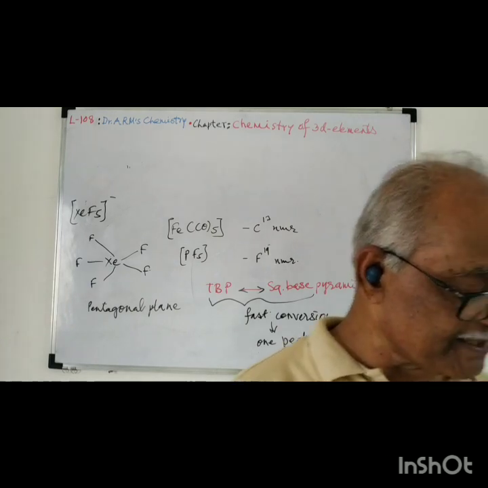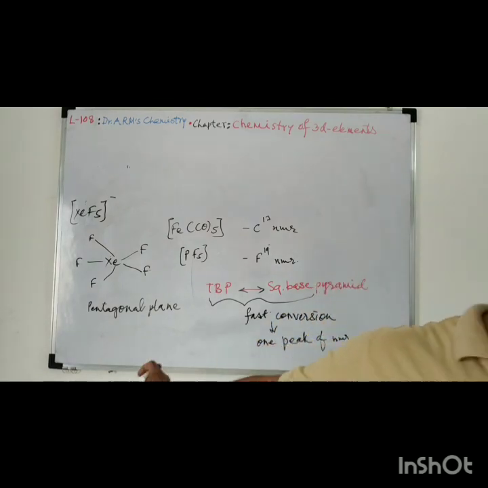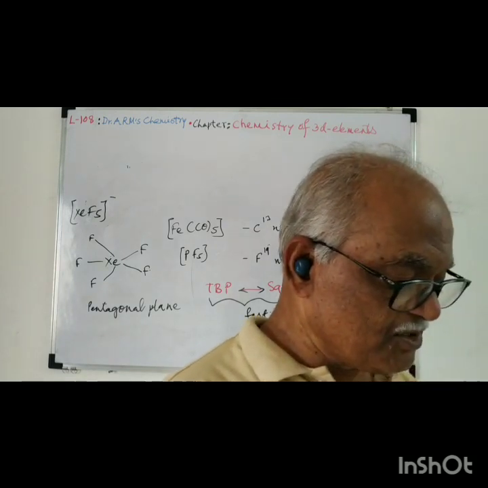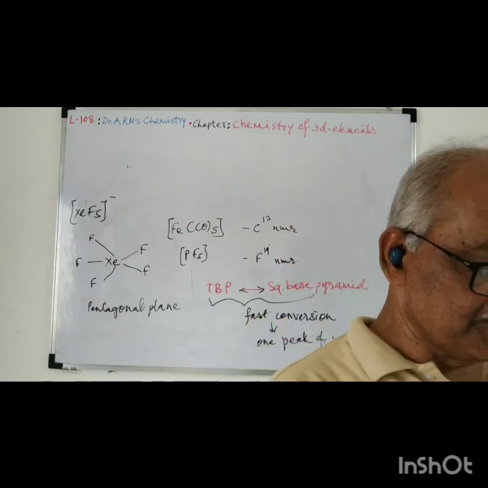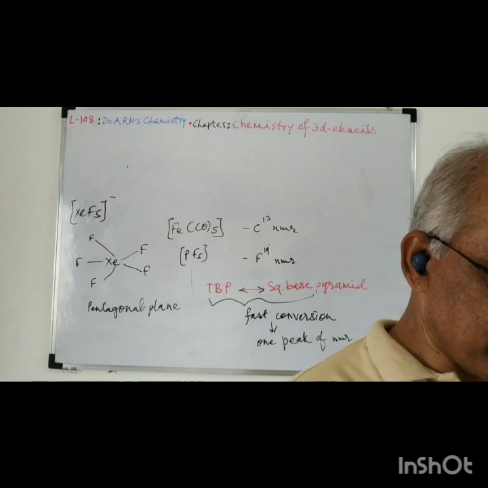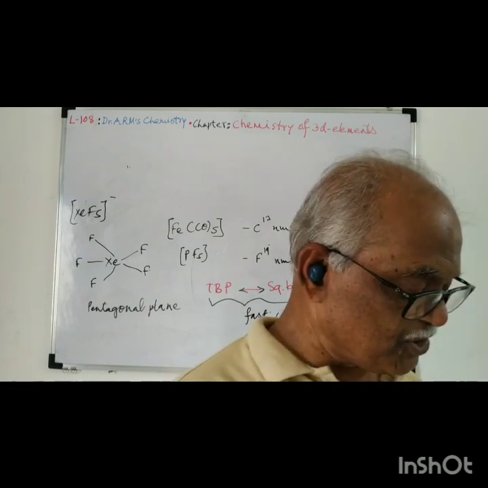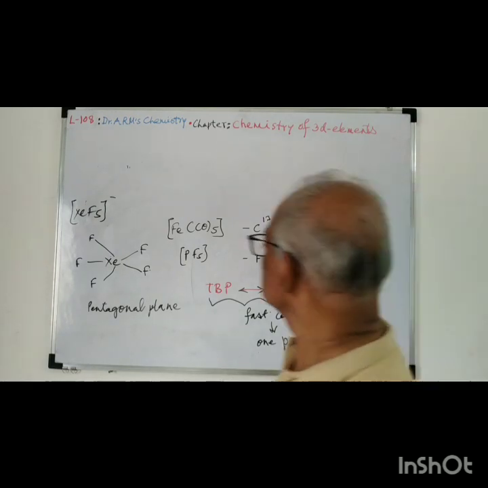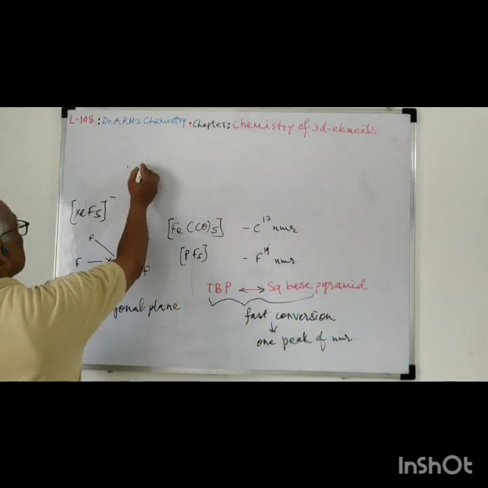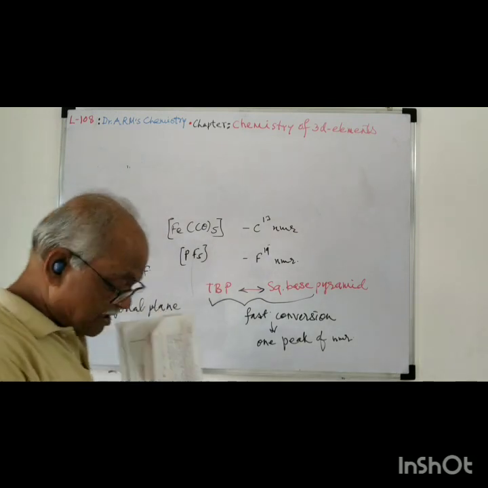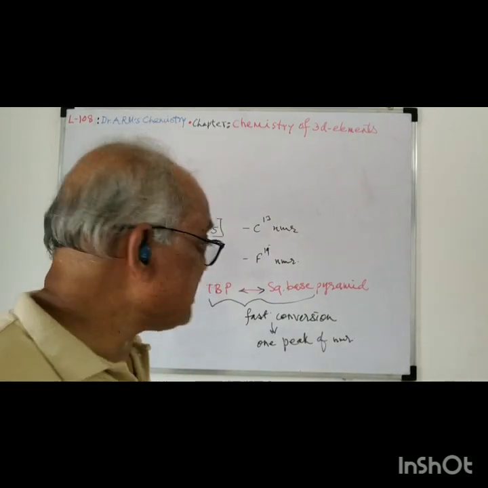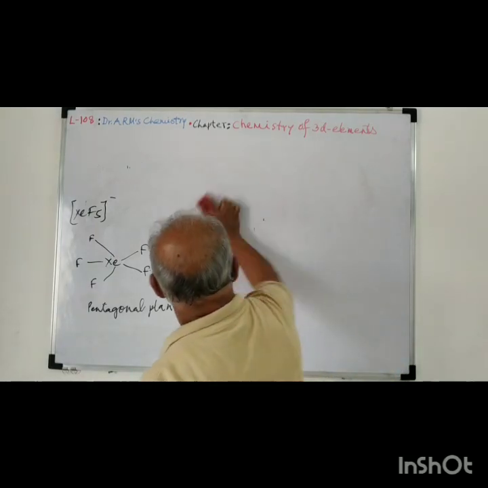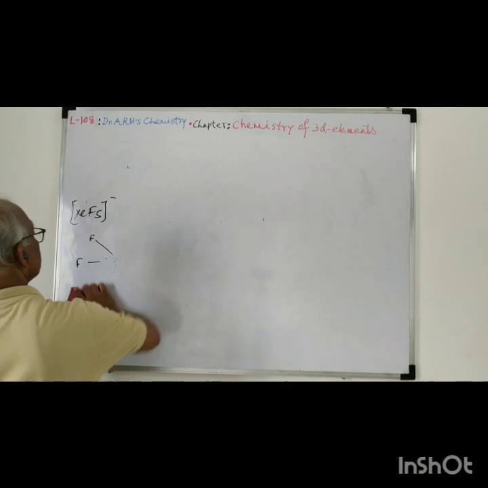In solid state structures, we have seen various examples just before this. So it is square based pyramid with doubly bonded oxygen at apical position. So we have seen the various examples in which the oxygen is at the apex position and it is doubly bonded.